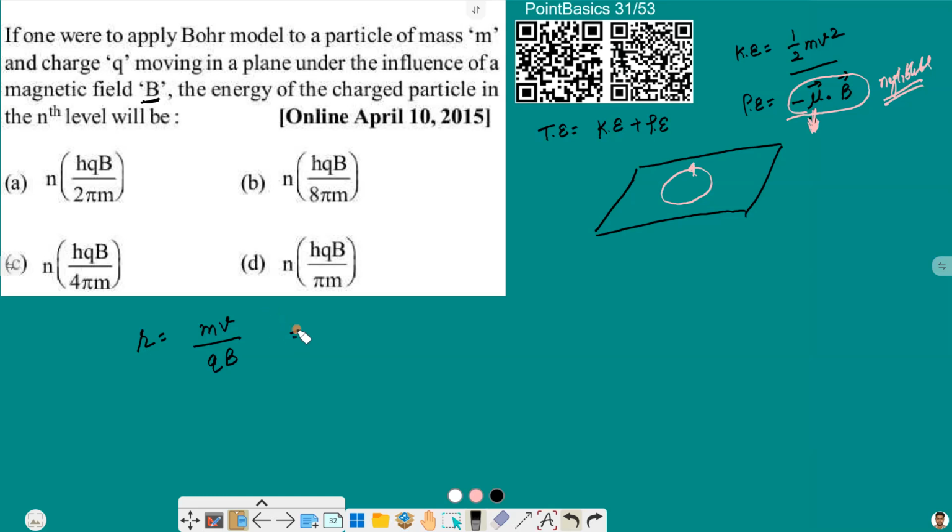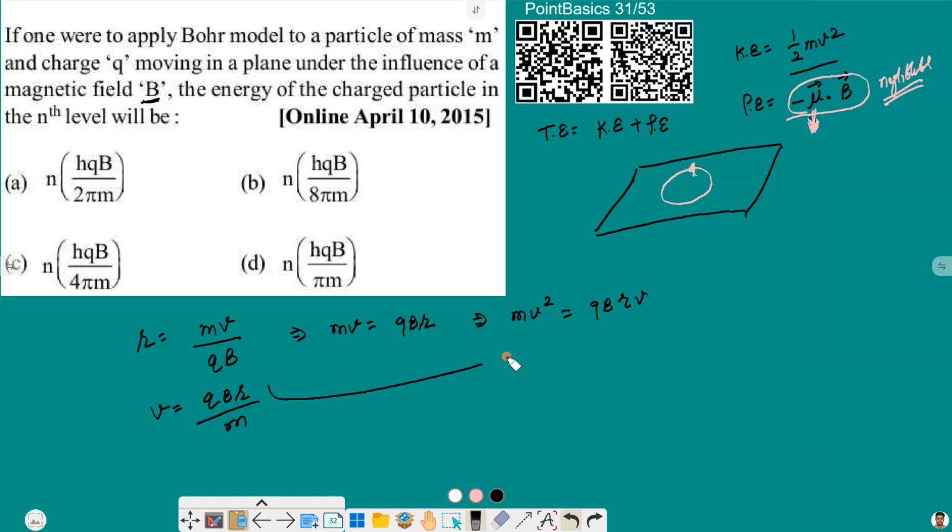From this, we can write mv is equal to qBr. And from this, we can further write that mv square is qBr times v. We also know that velocity from this expression will be qBr by m.